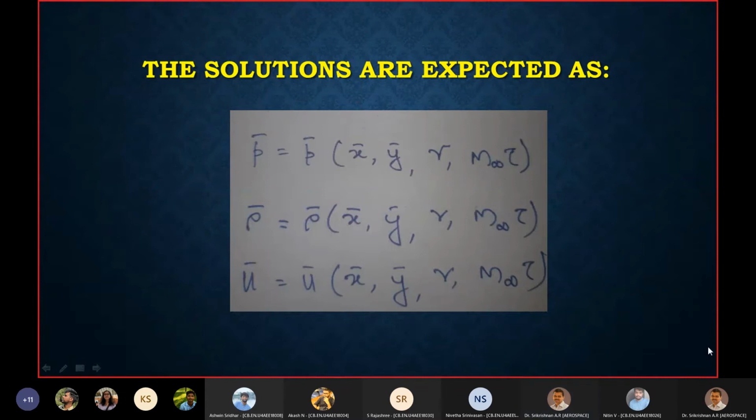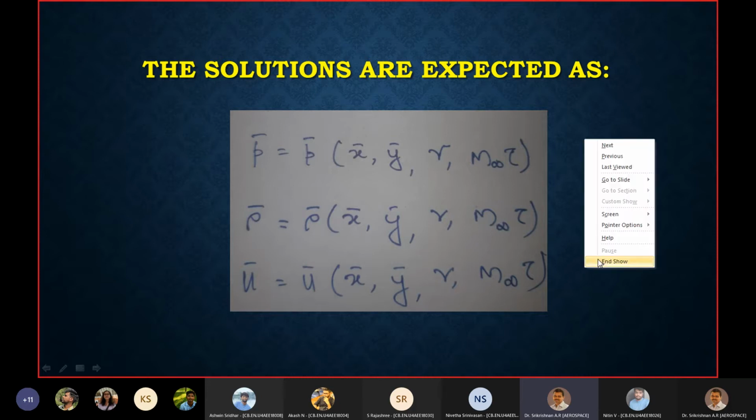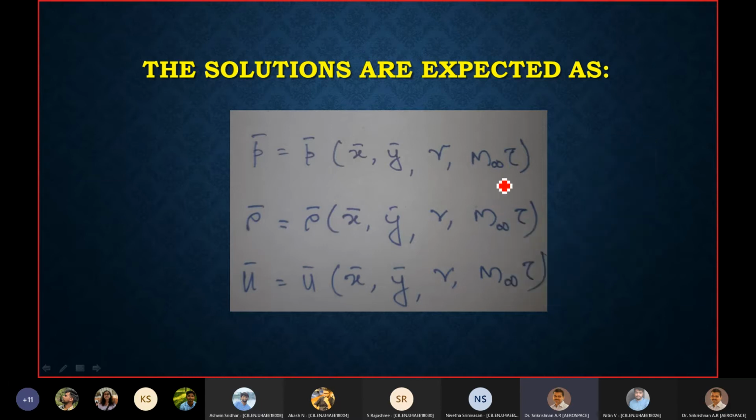If I have two different conditions, and I look at the same location of x bar and y bar, and gamma is the same for the two cases, then if M infinity into tau is the same for the two cases, then p bar is going to be the same.